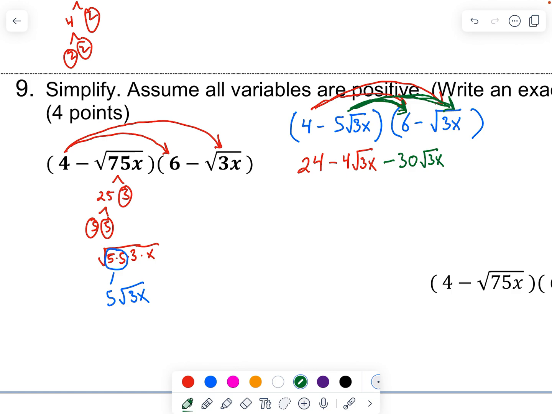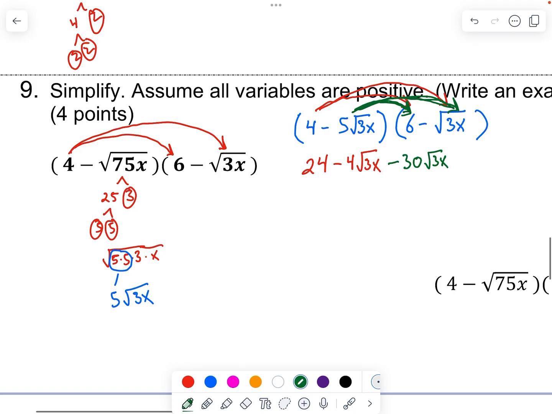I'm just going to write this one out, and we'll simplify it in the next one. So I've got negative 5 square roots of 3x times negative square root of 3x.